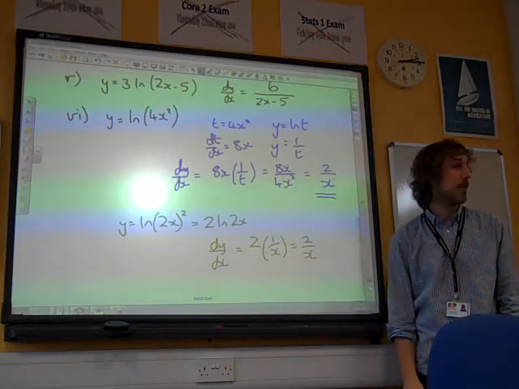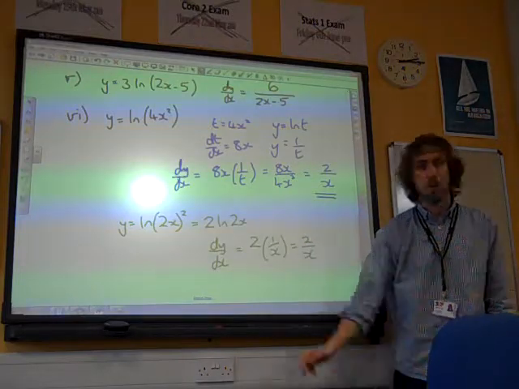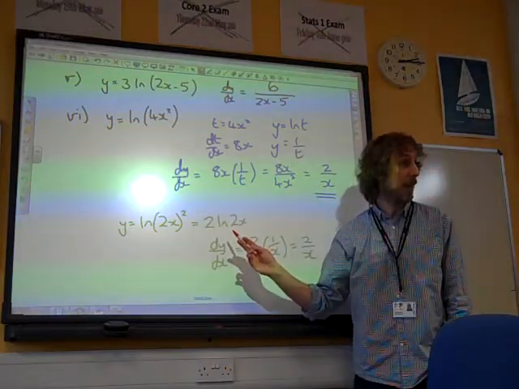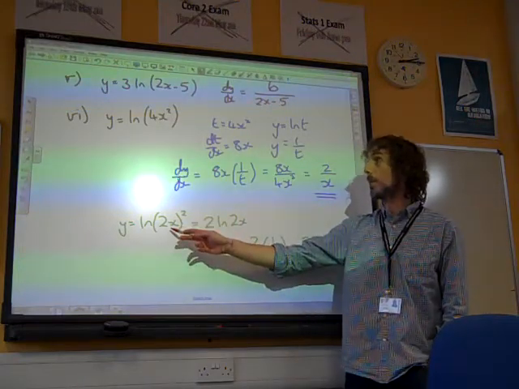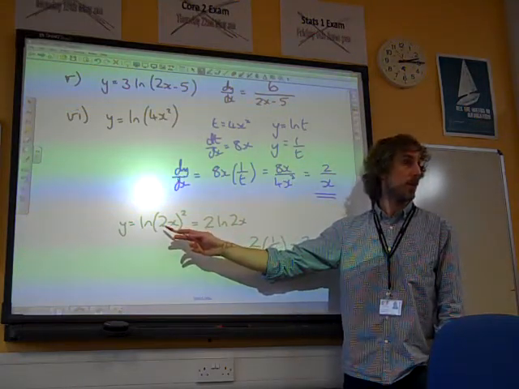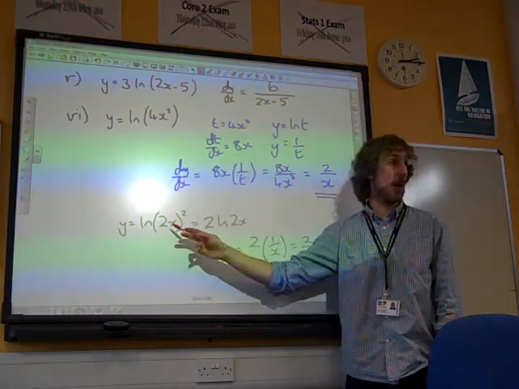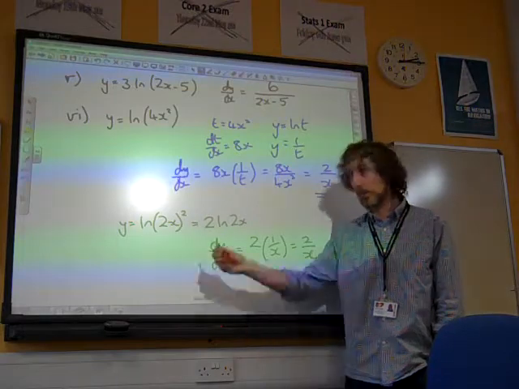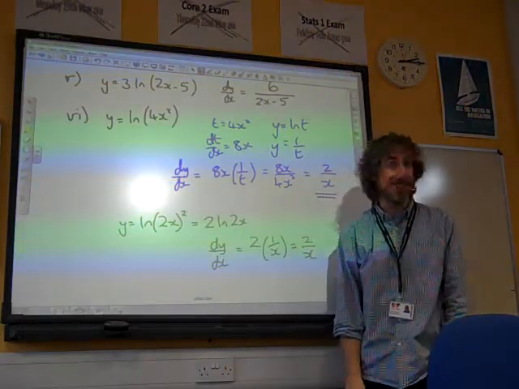How cool is that? It's 2 times 1 over x because it's 2 times ln. How do we get from there to there? If you square 2x, 2 times 2 is 4, x times x is x squared. So 4x squared is the same as 2x all squared. And then the logarithm law comes in. Great. Question 2.